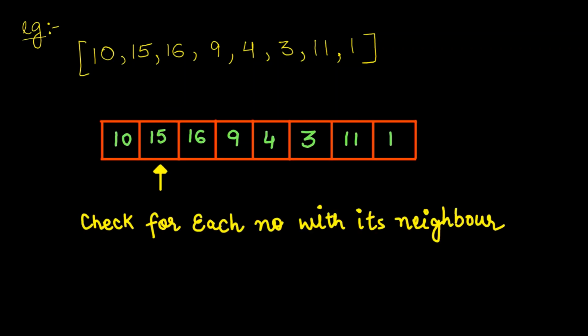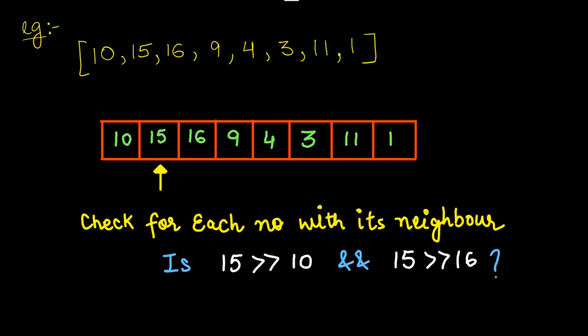So here I'll be checking each number with its neighbors. First I need to check 15, whether 15 is less than 10 as well as less than 16, but 16 is not less than. Here it keeps on increasing. So this is not a peak.